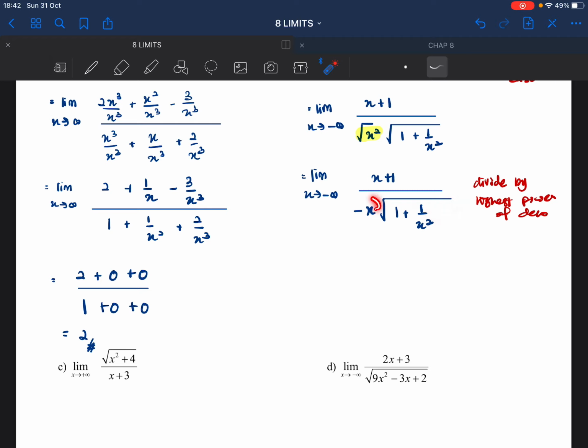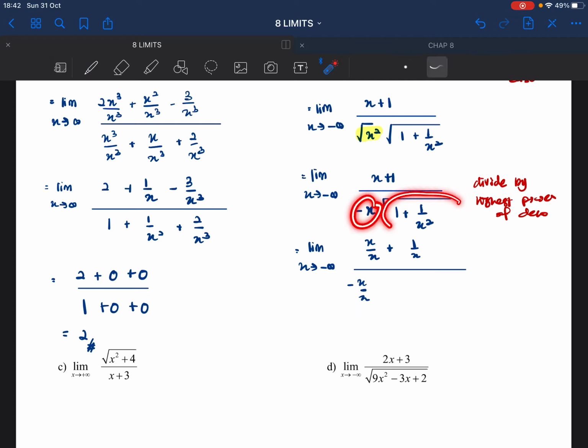The highest power is actually x. So we are going to divide everything by x. So we have the limit as x approaches negative infinity of x over x plus 1 over x, over, in the denominator, also divided by the highest power, but only for the outside one here.